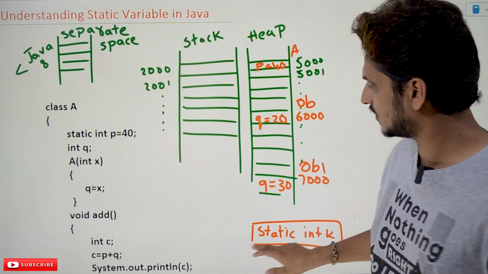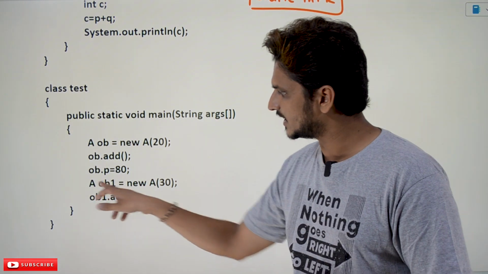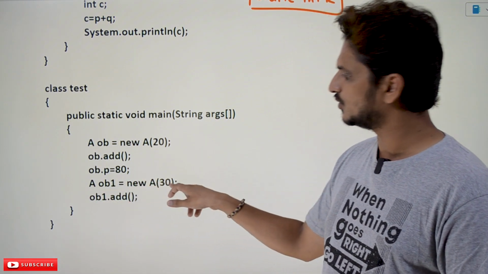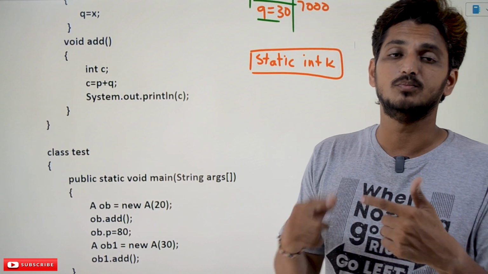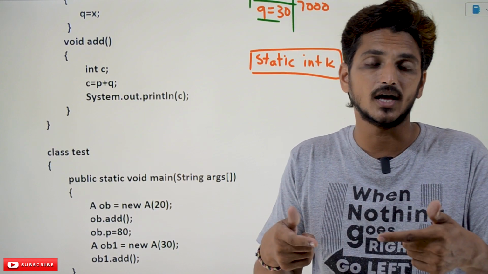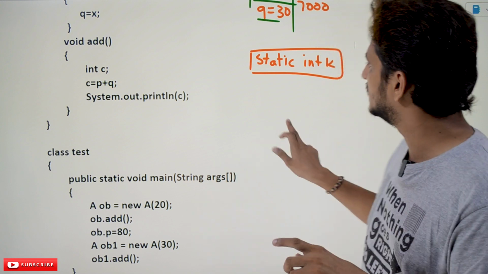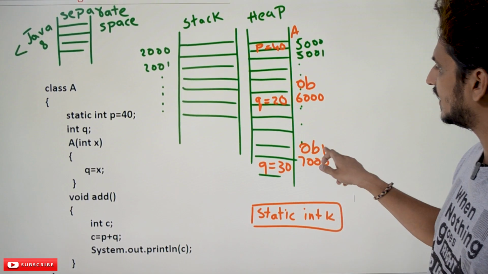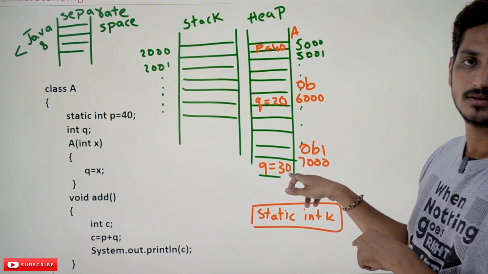These are the points you need to understand. Now coming to the next point, this is the line you need to understand. A OB1 is equal to new A of 30. Means we are creating one more object. Whenever we create an object, space is allocated for instance variables. Yes, OB1, 7000 location is allocated. What is the Q value here? 30.